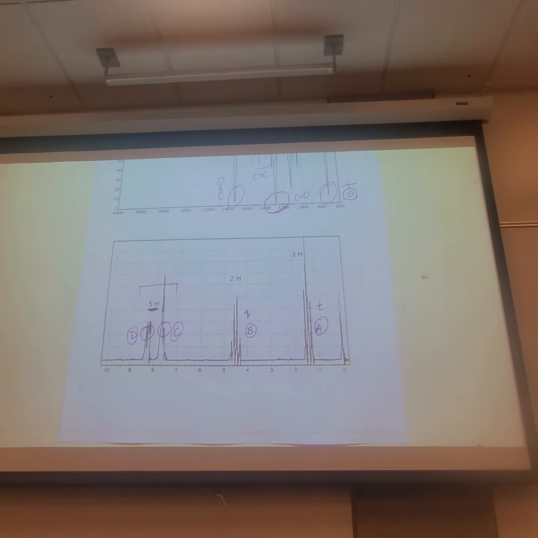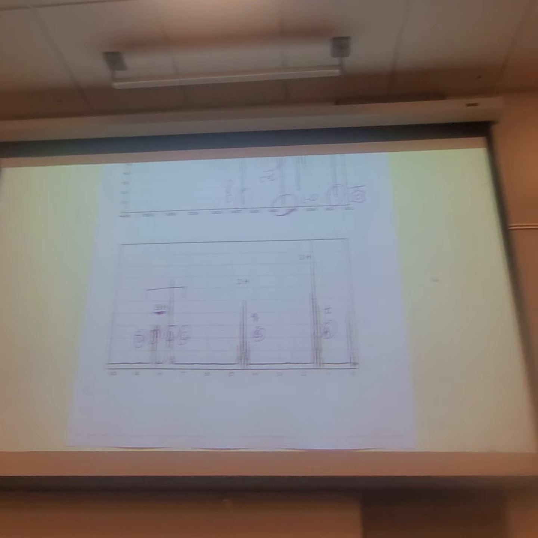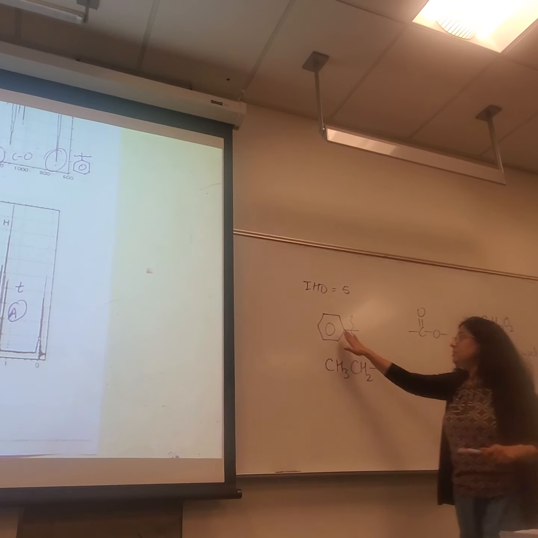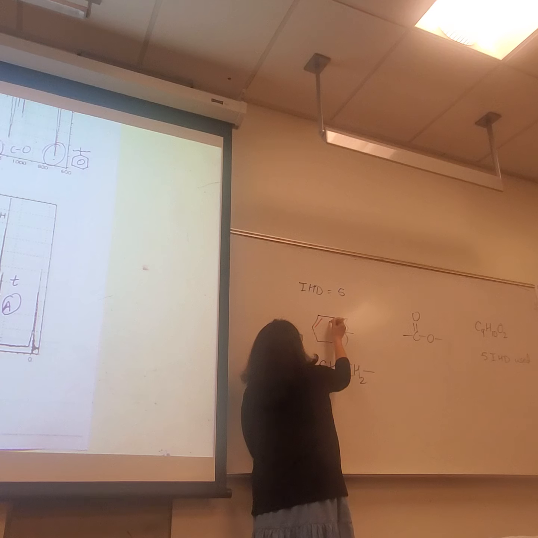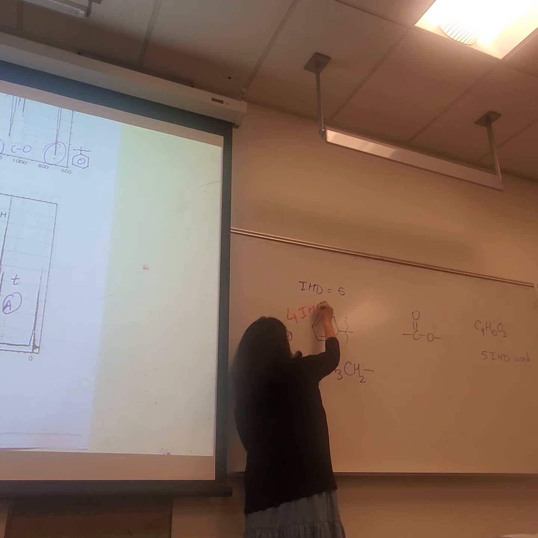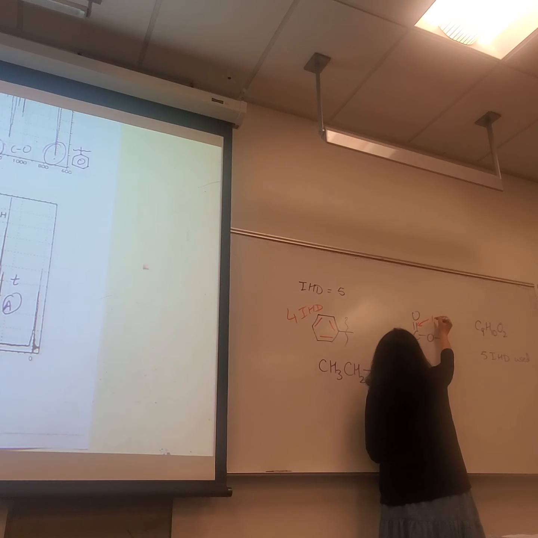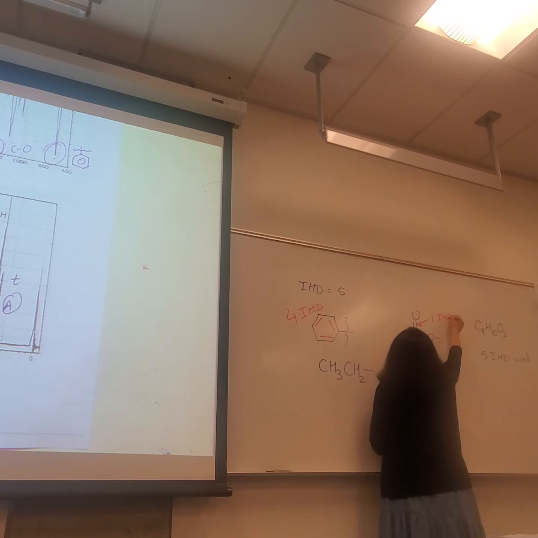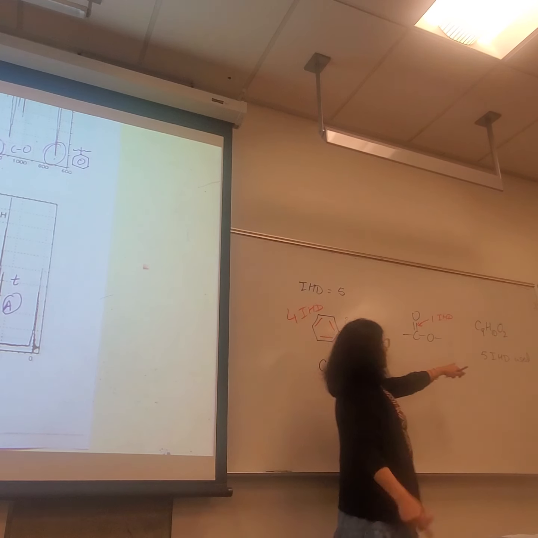I got stuck on what you meant by 5 IHDs used. Oh, how many IHDs in the benzene? Please remember, benzene ring is a ring, that's 1 IHD, and 3 pi bonds, that's 3 more, so it has 4 IHDs. Isn't that right? And there's a 5th one right there. So what's total number of IHDs used? 4 plus 1, 5 used.